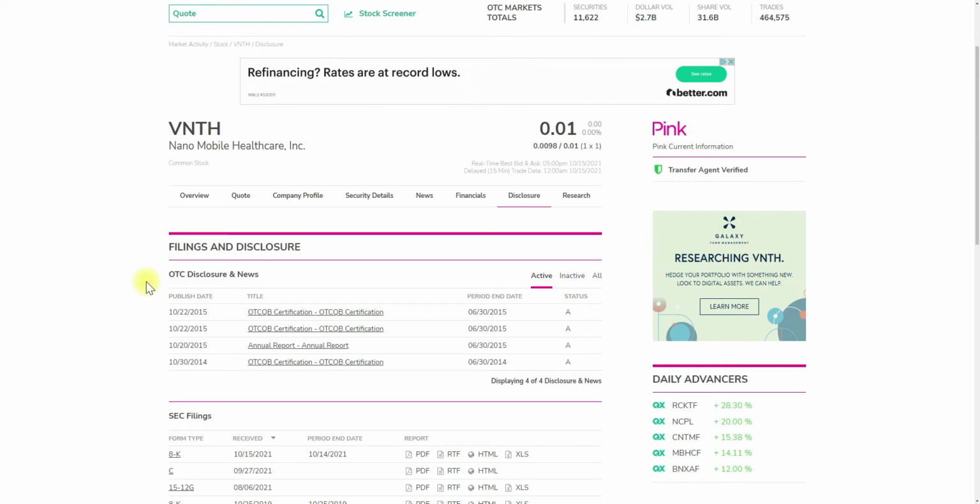So you want to become very familiar with this as well. The biggest ones you're going to use are disclosures right here, which will give you all those important filings. Up here will also tell you what status it has, and then security details, which we're about to get into right now.